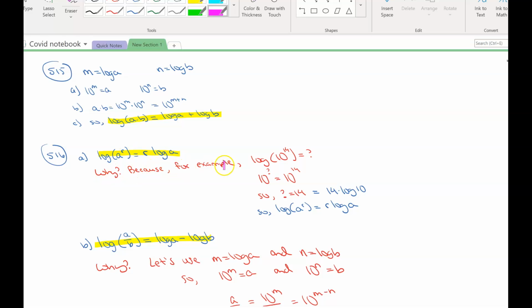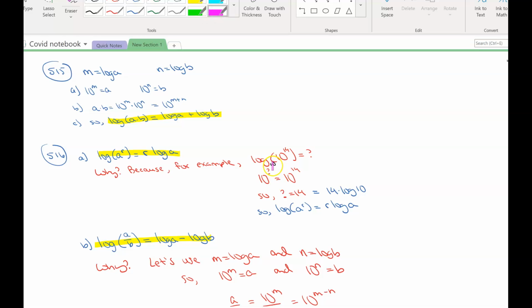Well, let's see. For example, if I have log base 10 of 10 to the 14th, right? This question is saying to you, what is the power that 10 has to be raised to get 10 to the 14th? And if you say that statement a couple of times, what is the exponent that 10 is raised to get you to 10 to the 14th?